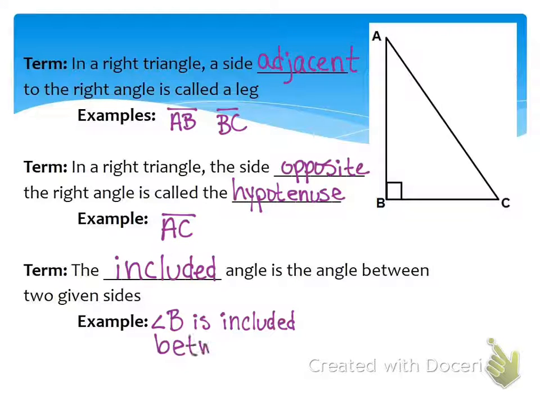AB and BC. Good. We could do this for any of the angles. It doesn't just have to be angle B. Any angle can be included. It's based on what sides you're looking at. Questions, concerns, or need more time with these terms? Okay.